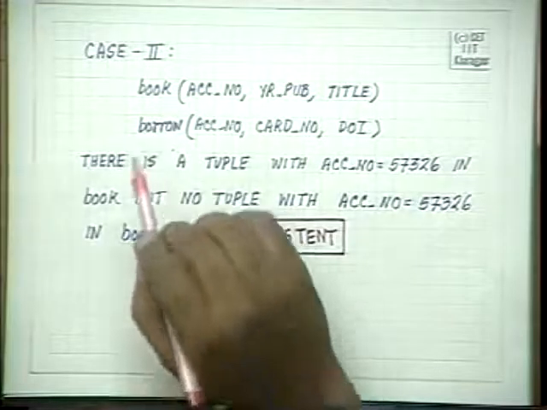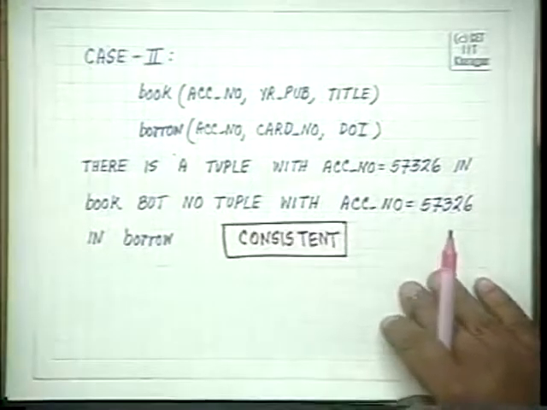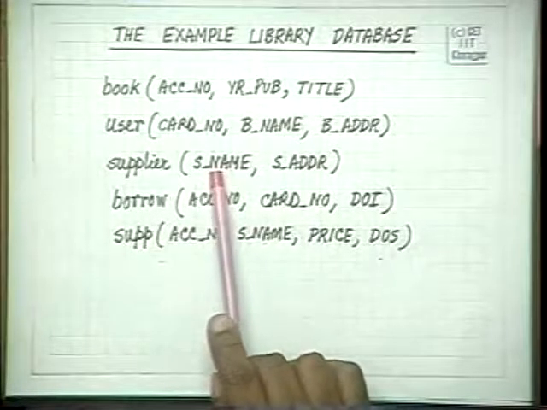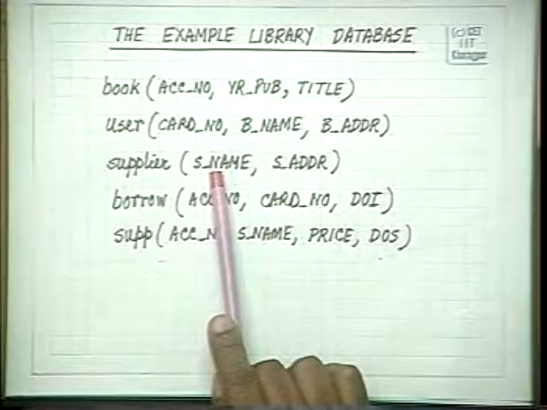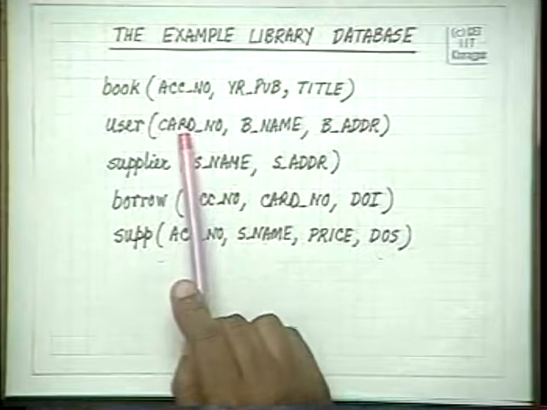This is not the only case in our example. This will come up in several other cases. There cannot be an S name here which is not existing in supplier. There cannot be a card number here which is not existing in user.